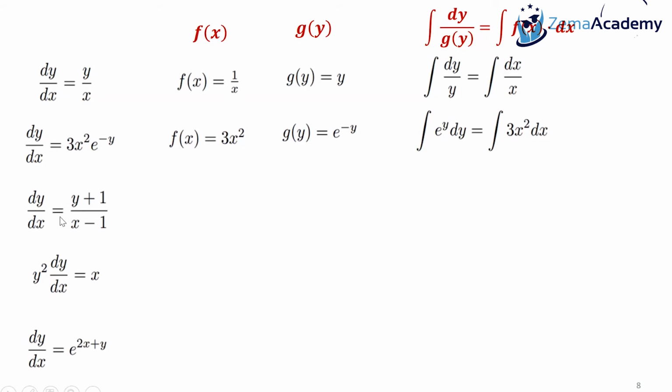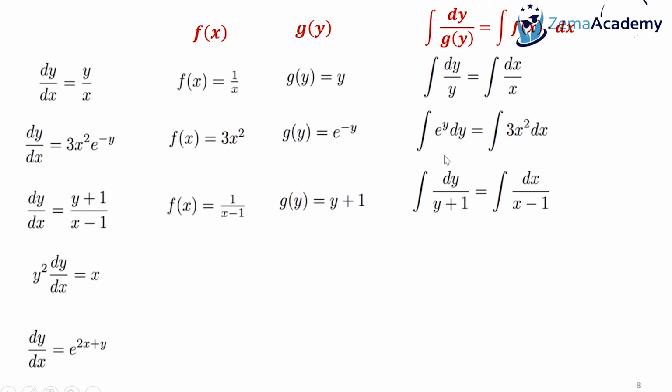Based on that, if I come to my third example, here dy by dx, and you are already aware what dy by dx is. dy by dx is the slope. So this dy by dx is equal to y plus 1 divided by x minus 1. Now based on whatever information I have given to you, you have to rearrange and bring like terms on one side. And all you have to do, once you have identified f(x) and g(y), is replace it in the standard formula.